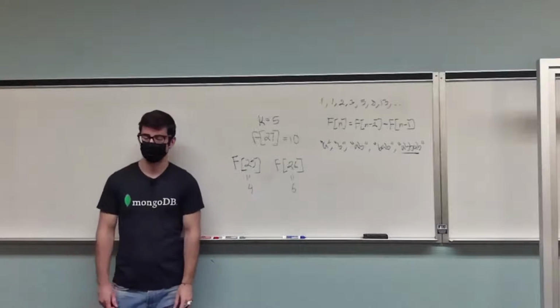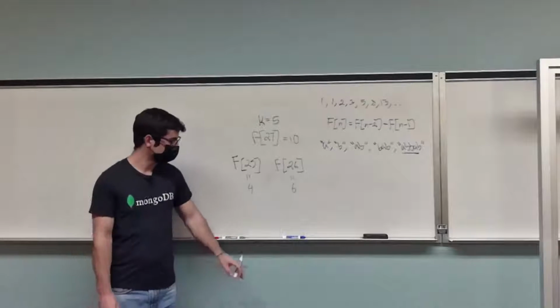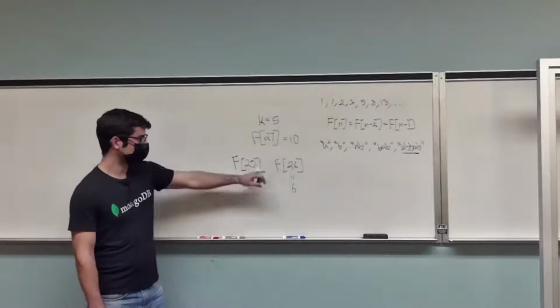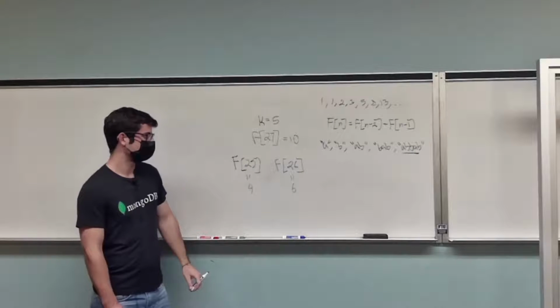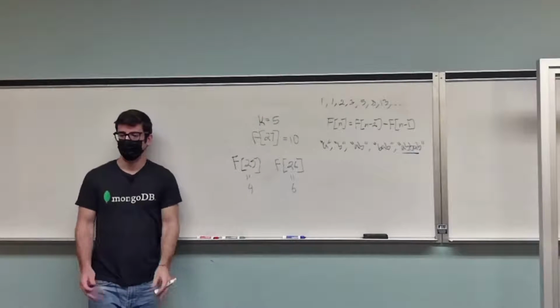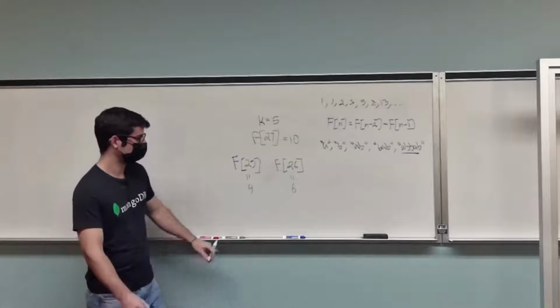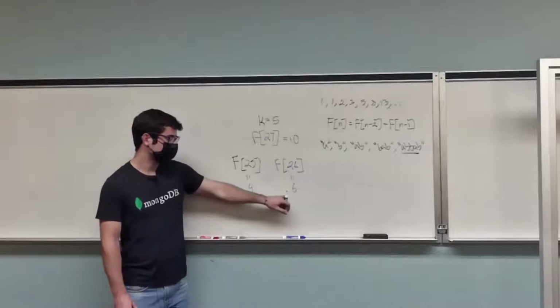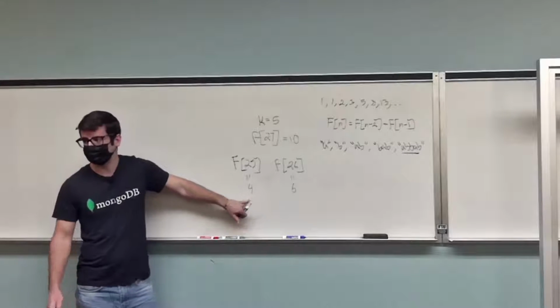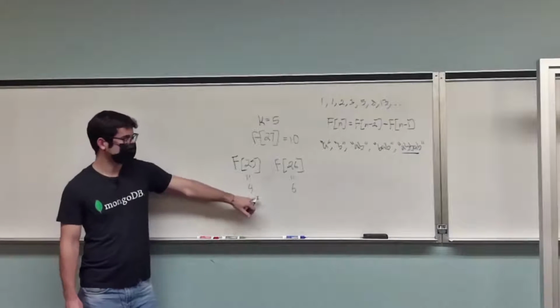F of 26. Because remember, this represents the strings. If the string is 10 characters long, and we want to index at 5, then we can break it down further and only look at f26, because that contains 6 characters. F of 25 only contains 4 characters, which is less than our k.